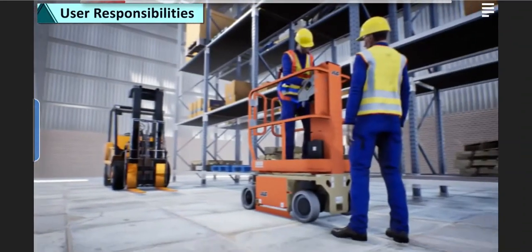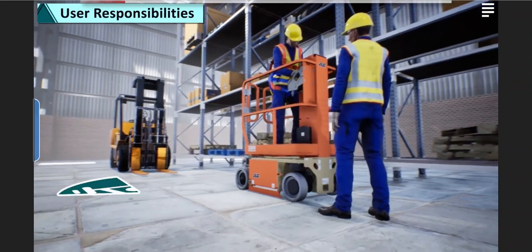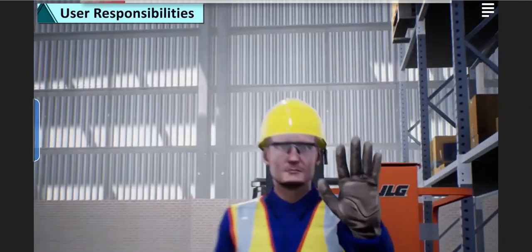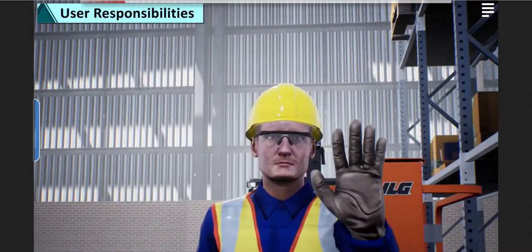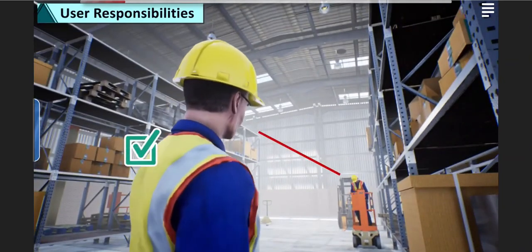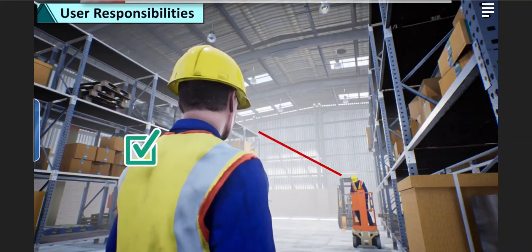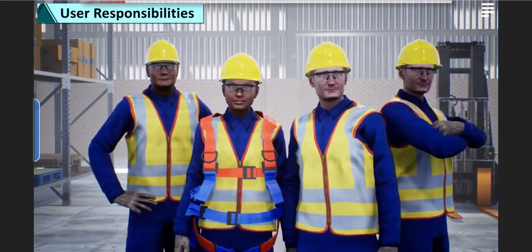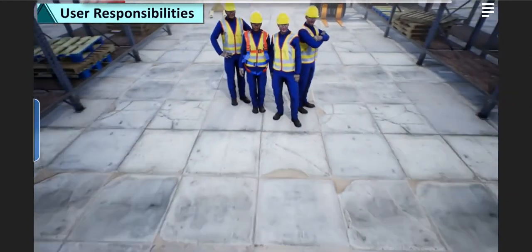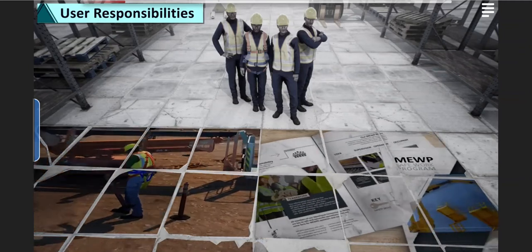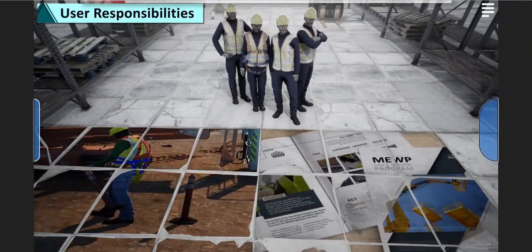The user is also responsible for ensuring that the MEWP operator is physically and mentally fit to operate the MEWP safely and must take all necessary steps to prevent unauthorized or incapable individuals from operating the MEWP. This includes ensuring that a trained and qualified supervisor is present to monitor the MEWP operations and prevent unauthorized use. Every person involved with MEWP operations, including users, supervisors, operators, and occupants, is responsible for following good safety practices and complying with all applicable MEWP safe use policies and procedures.